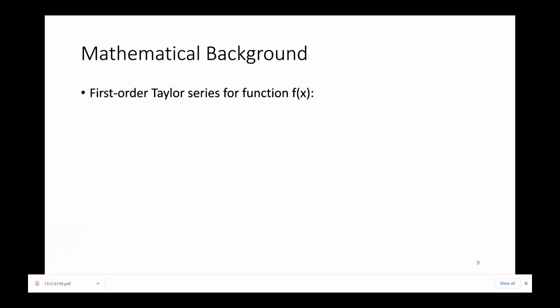For the first question of linearizing a classifier, basically we use the first order Taylor series. So the first order Taylor series of function f(x) around a is defined as f(a) plus (x minus a) times the derivative of f at point a.